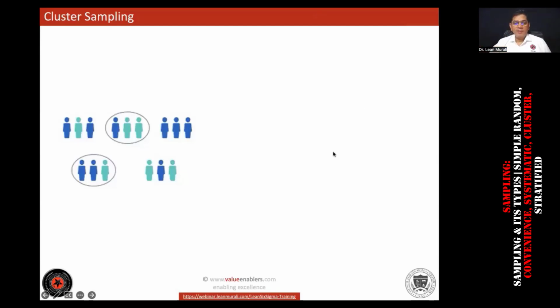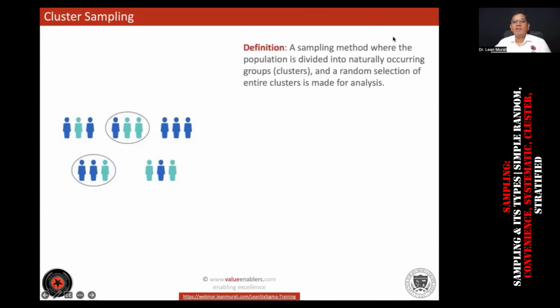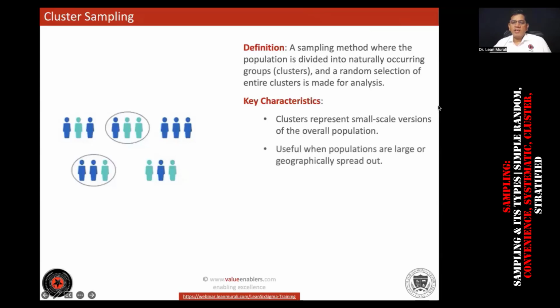The definition: a sampling method where the population is divided into naturally occurring groups or clusters, and random selection of an entire cluster is made for analysis. A cluster represents a small-scale version of the overall population, useful when populations are large and geographically spread out.